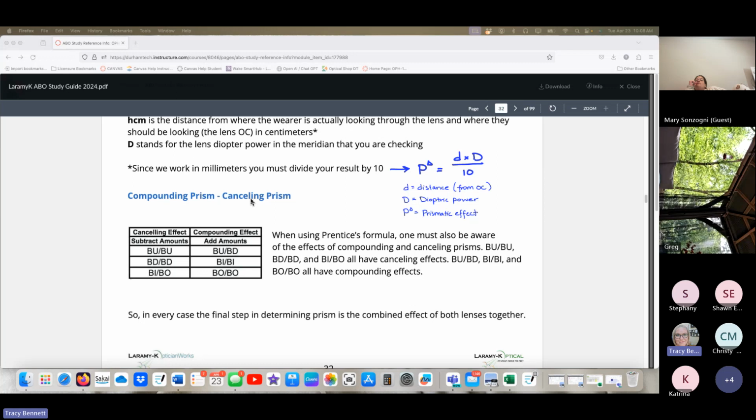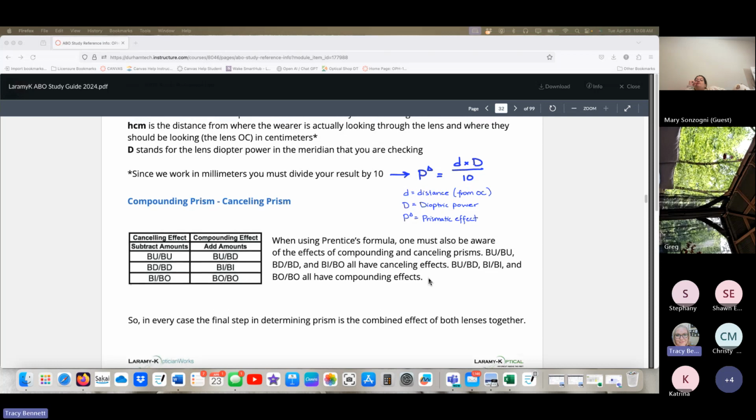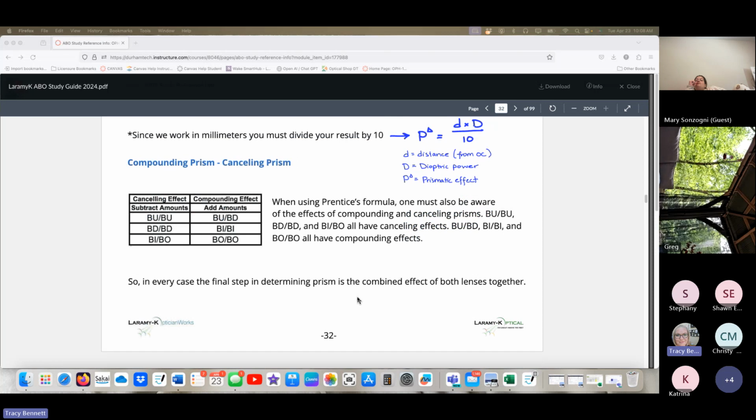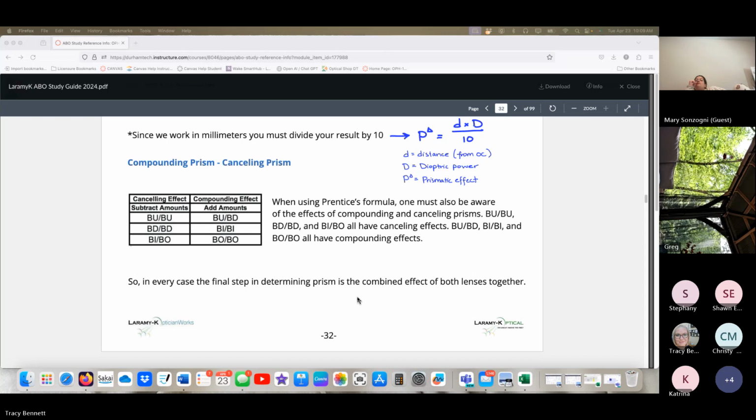If you think about a minus lens wearer, then when that person looks to the right of their optical centers, then they experience a... I need to draw it because that's just too much.